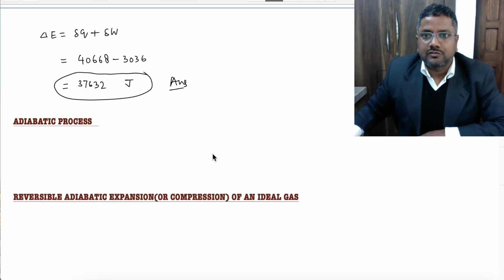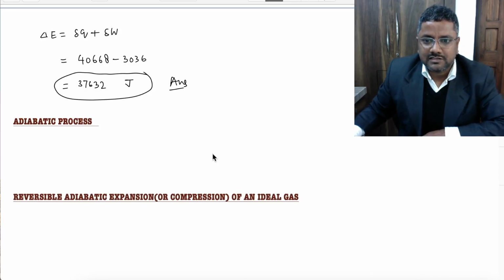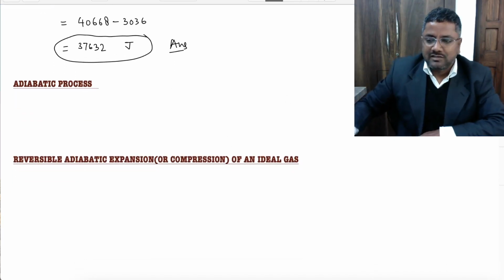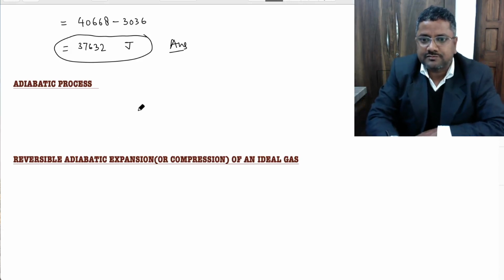Okay, so see, this is the adiabatic process. This is the last part of the application of the thermodynamics first law. So how to calculate internal energy change, work, and enthalpy change in an adiabatic process.